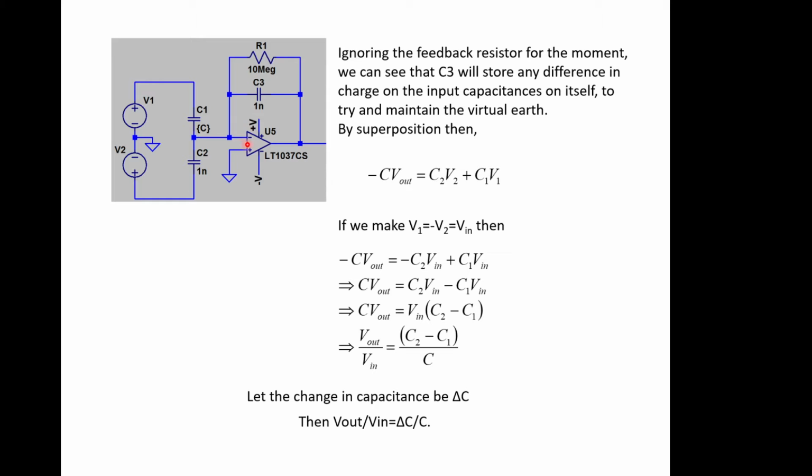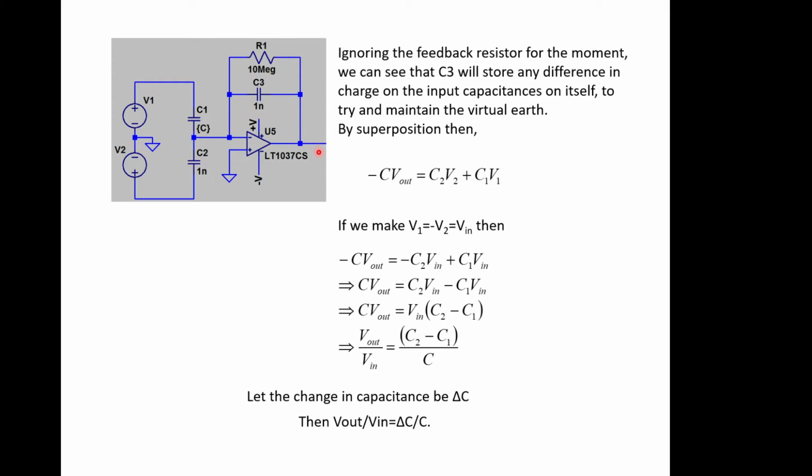And we've got a virtual ground here, so if we apply superposition to these points, we can say that the output voltage here is going to be equal to whatever the current flow through this is; current going in is equal to current going out, is what I'm trying to say.